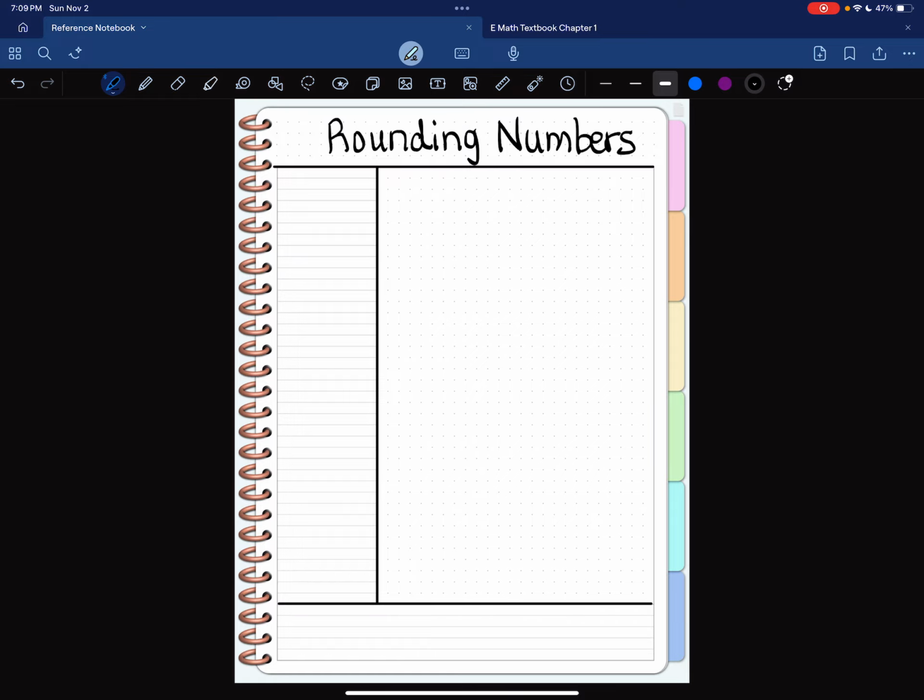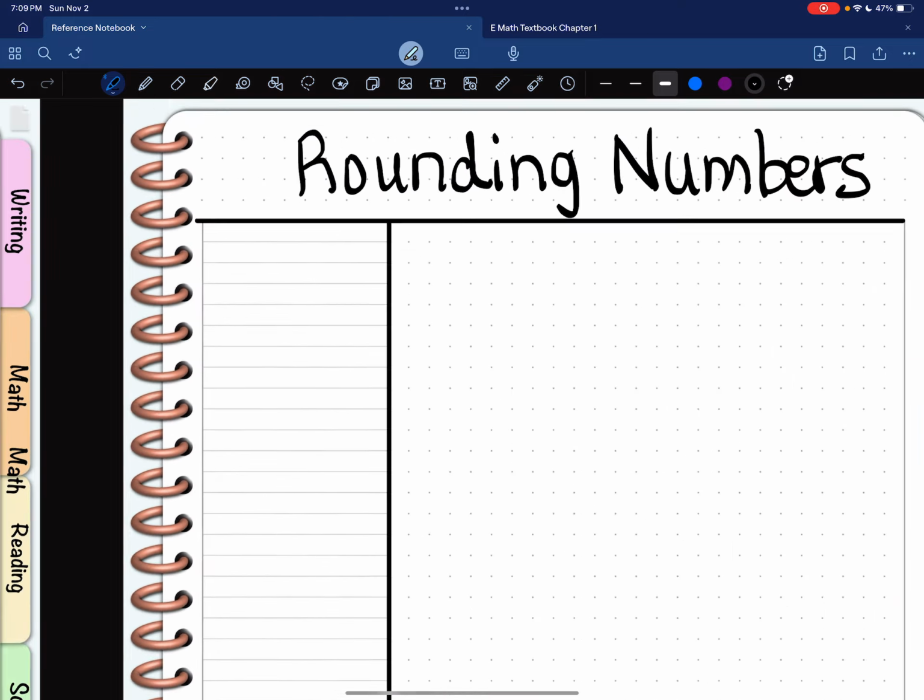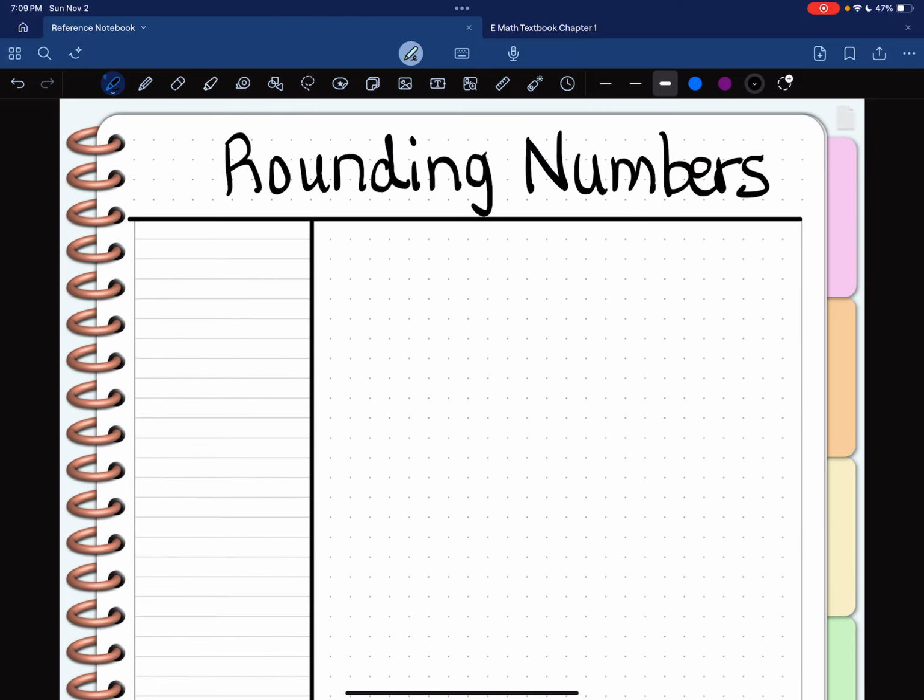And I want to start off with the definition of the word estimate, depending on whether you're using it as a noun or a verb. If you're using it as a verb, you would pronounce it "estimate." It's an action. If you're using it as a noun, it is an estimate, a thing.